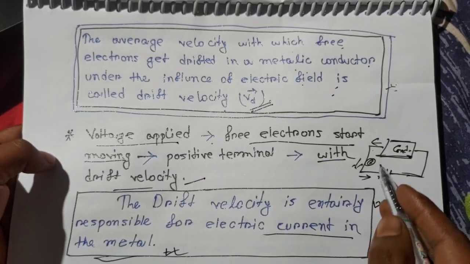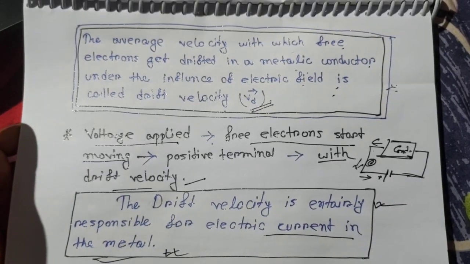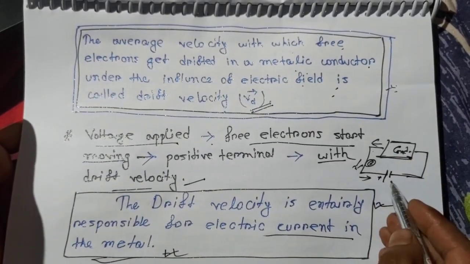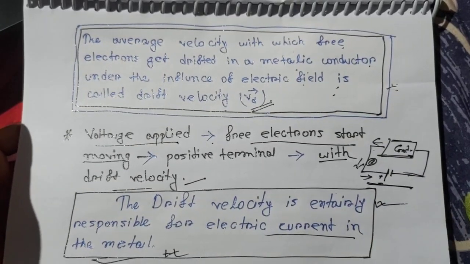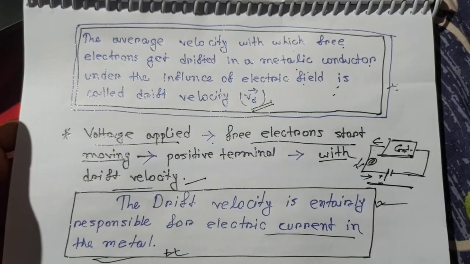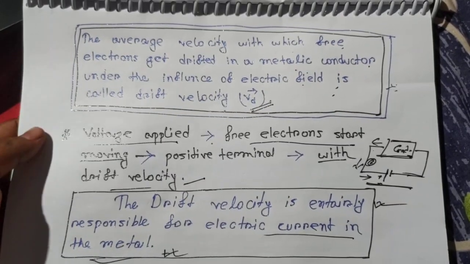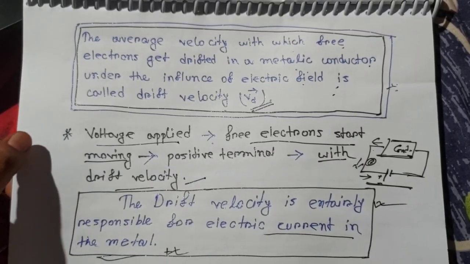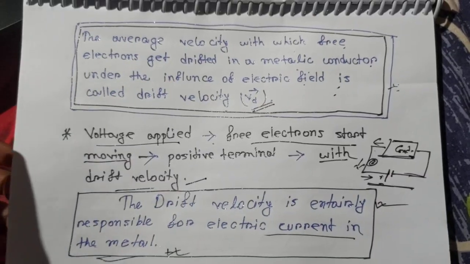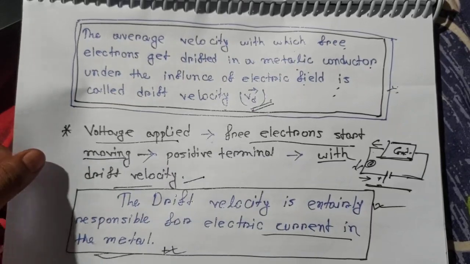When those free electrons get that drift velocity, they start moving towards the positive direction, which means current has started flowing through that metal. If there is no drift velocity, there will be no flow of current in the conductor.